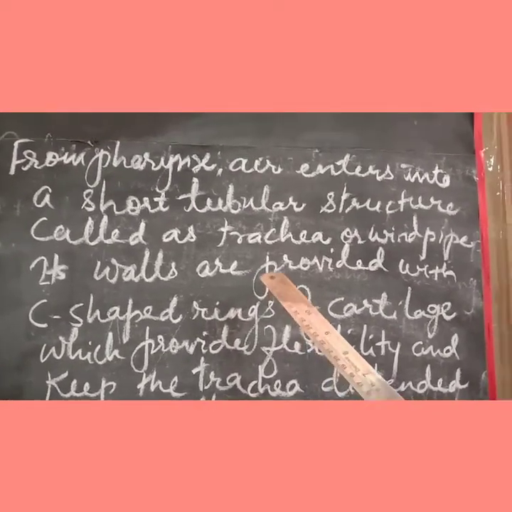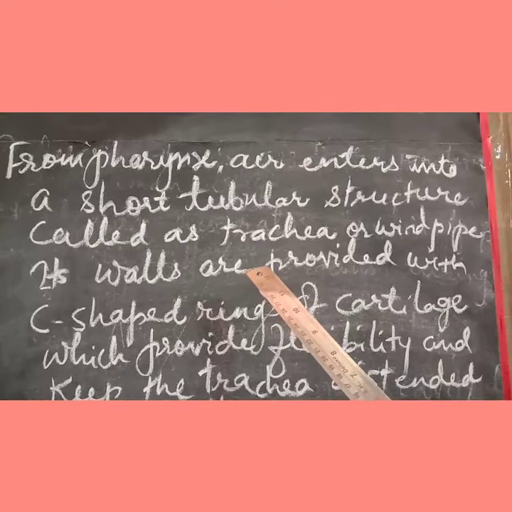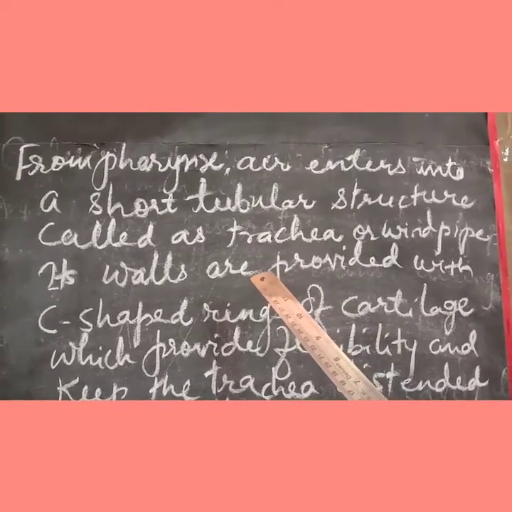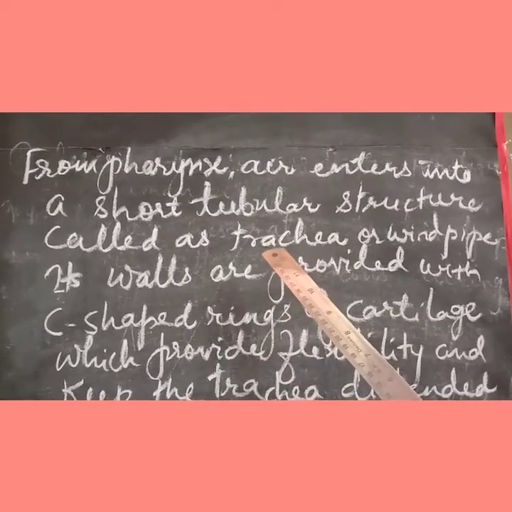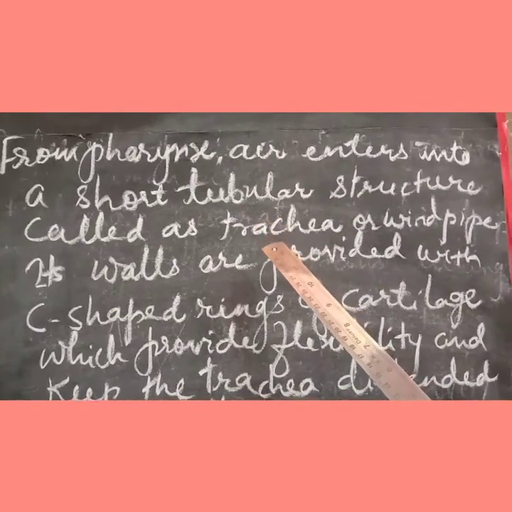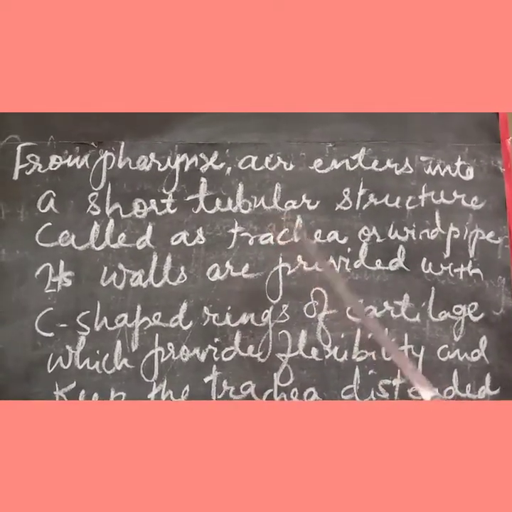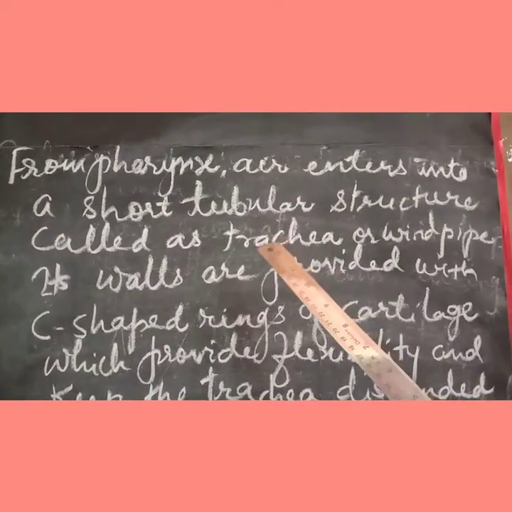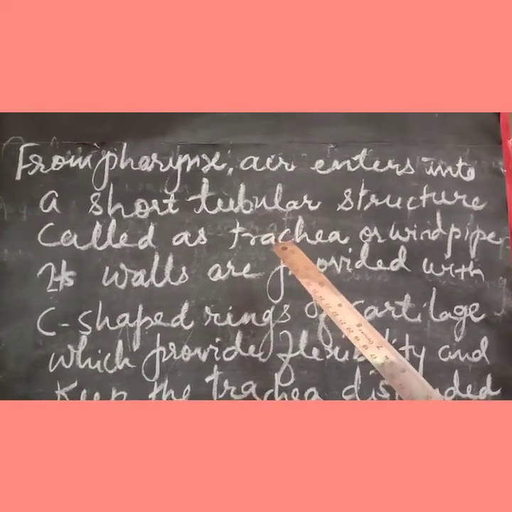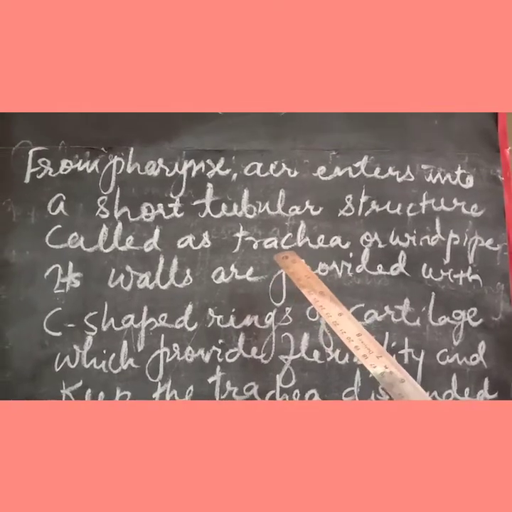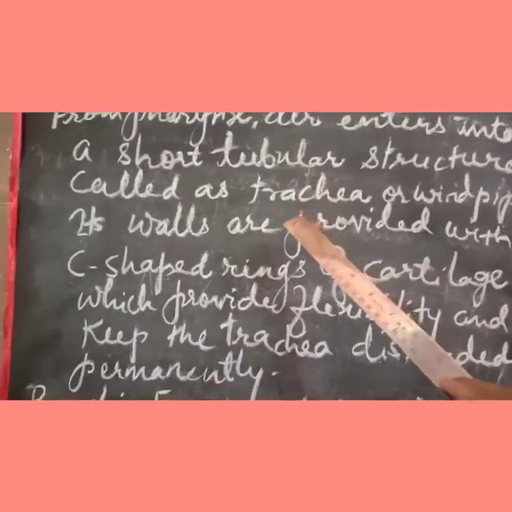The food pipe is just behind the windpipe, and they both have a common opening, and that is why the trachea has to have something which prevents food particles from entering into the windpipe, and that is done with the help of the epiglottis.